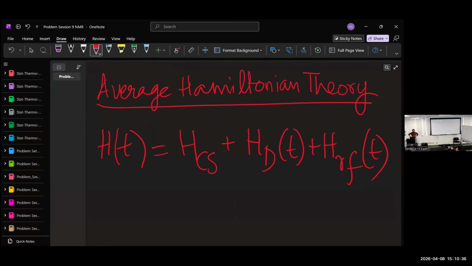Okay. This is going to be a really short problem session where we're going to start discussing a problem that we had assigned a couple of weeks ago on dipole coupling, solid state NMR, and calculation of average Hamiltonians.